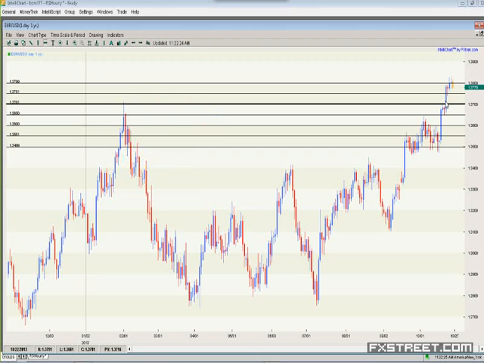Look, the moment it breaks the yearly high, look at all of the massive stop orders that it triggers. But not only does it trigger stop orders at those levels, this is where you get the momentum move. Everybody who was short now has to cover. And then the momentum traders are pressing the move higher and higher and higher. That's why when the yearly highs get taken out, you typically have a very strong breakout move.